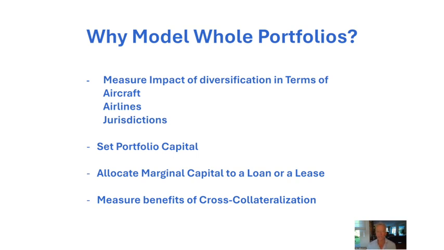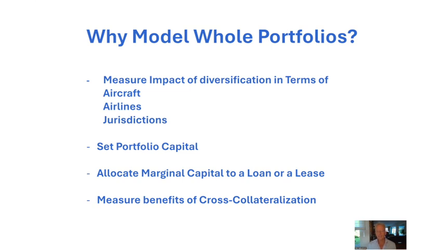So, for example, if we have a portfolio with only A320s to United Airlines, and we add another loan or lease with an A320 to United Airlines, that's going to entail much more marginal portfolio capital than if we had a 737-800 lease to AirAsia, for example.